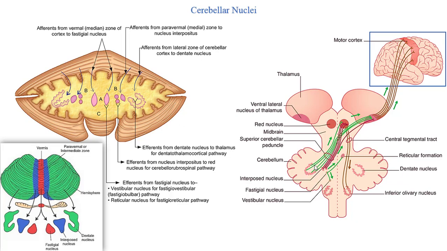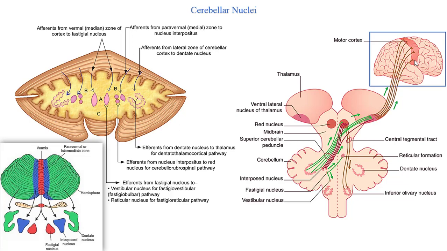Axons from dentate nuclei project to the contralateral ventral nucleus of the thalamus after decussating in the superior cerebellar peduncle.